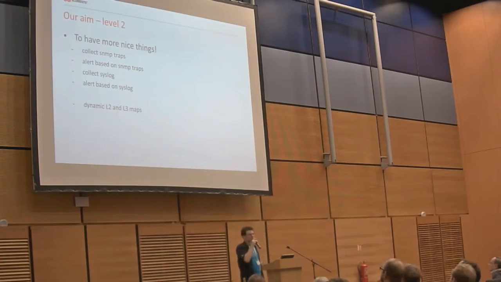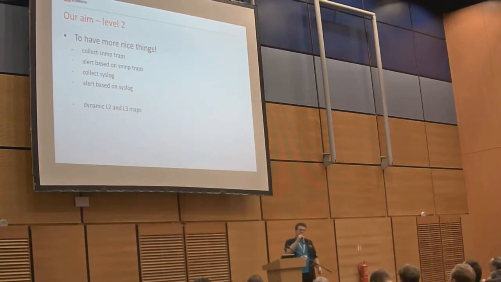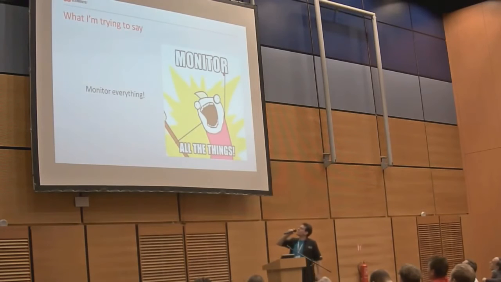So here, again, this is all using SNMP, so a network monitoring system should actually be topology aware and should be able to get enough things from your SNMP to actually generate dynamic layer 2 and layer 3 maps of your topology. So if you add a device, the NMS will actually dynamically add the device and connect it properly topologically onto the map. And we will look at this in a second. So what I'm trying to say is monitor all the things, monitor everything.